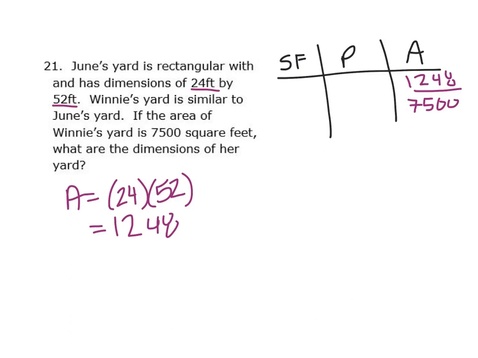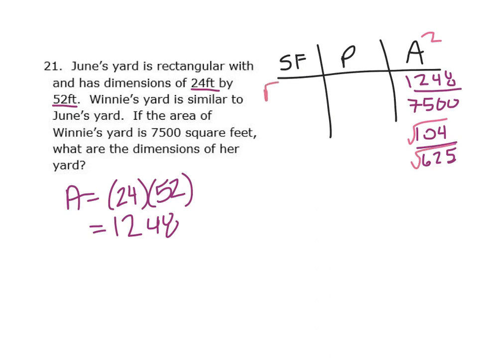So if I go ahead and I reduce, I get 104 over 625. And remember, area, our units are squared. So if I want the scale factor, I take the square root.